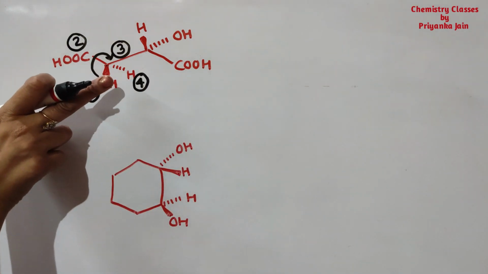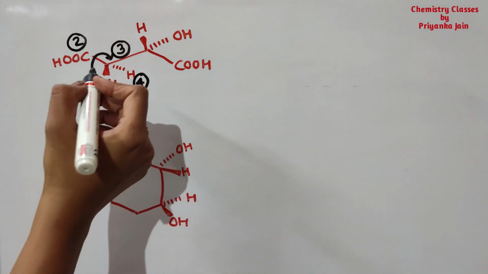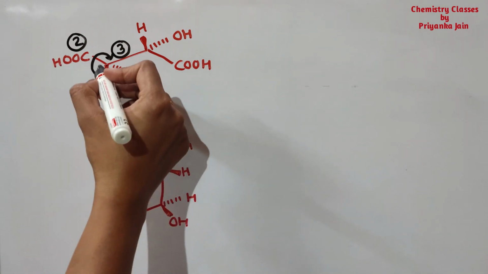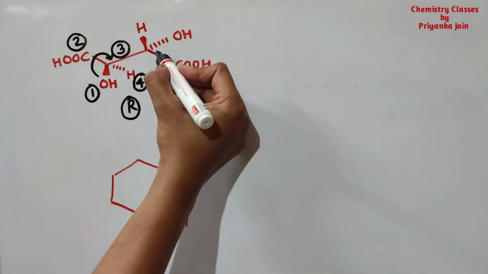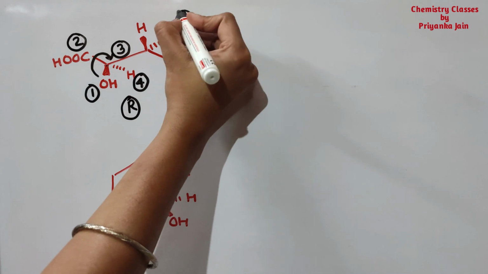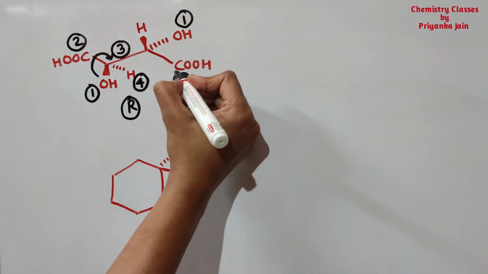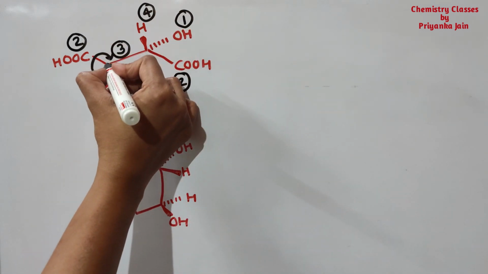Now see, this hydrogen is present on the dashed line. It means it is below the plane. So at this carbon atom, the configuration will be R. Now see at this carbon atom, this is the first priority group, this is the second priority group, this is the fourth priority group, and the third one will be this carbon atom.